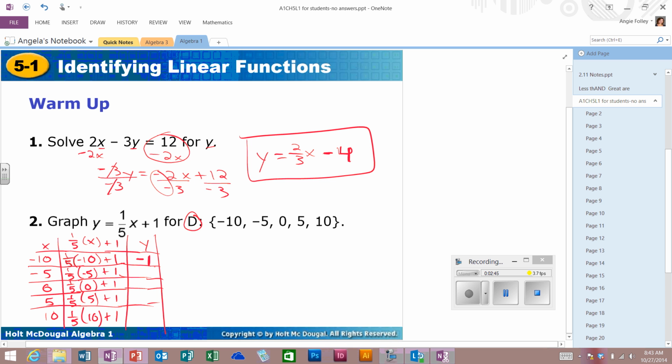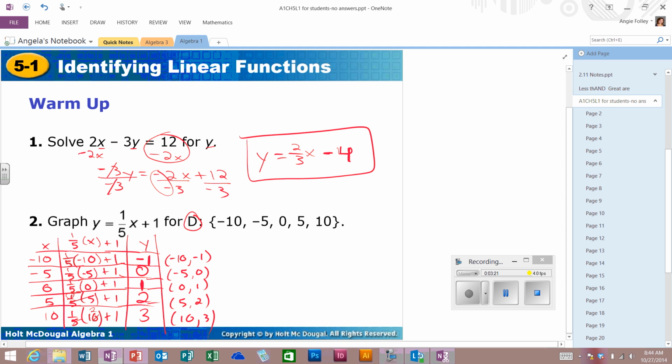Then 1/5 times negative 5 gives me negative 1 plus 1, so that gives me 0. 1/5 times 0 is 0 plus 1 gives me 1. 1/5 times 5 gives me 1 plus 1 is 2. 1/5 times 10 is 2 plus 1 is 3. So my points are negative 10, negative 1; negative 5, 0; 0, 1; 5, 2; and 10, 3.